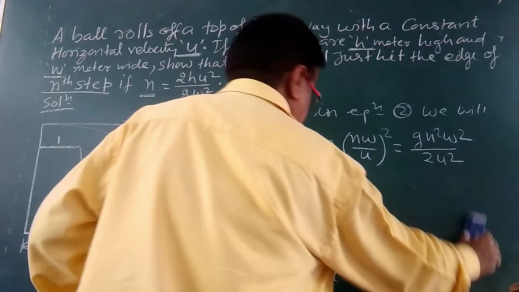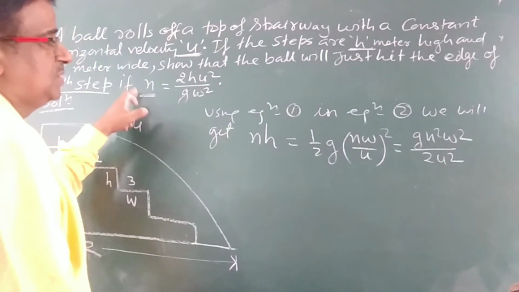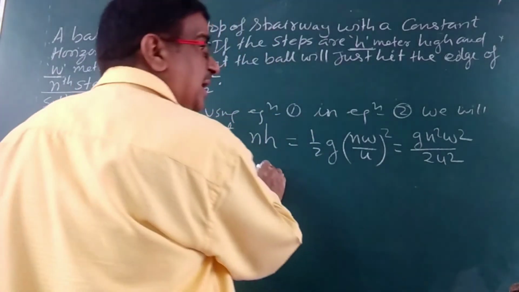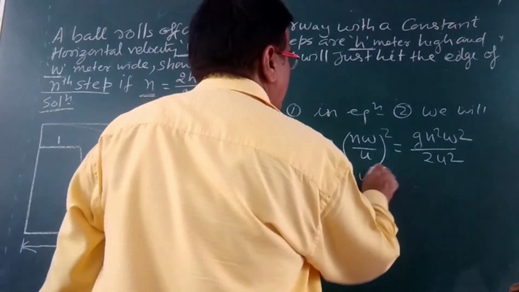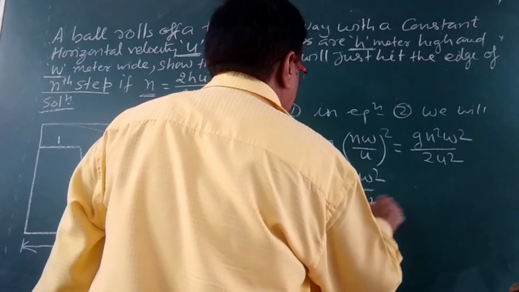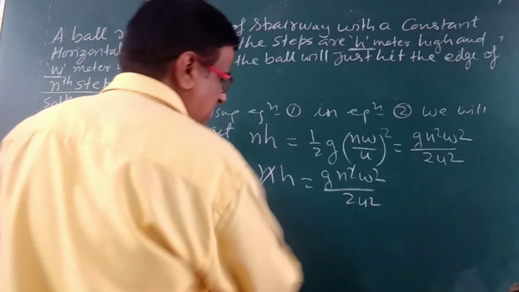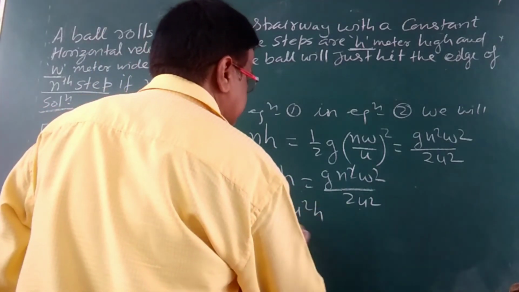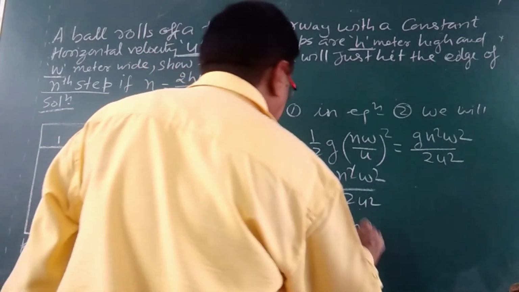So we can now solve for n. We have to calculate the value of n here. We have nh is equal to g n square w square by 2u square. So one n gets cancelled. Cross multiplying, 2u square h by g w square is equal to n.